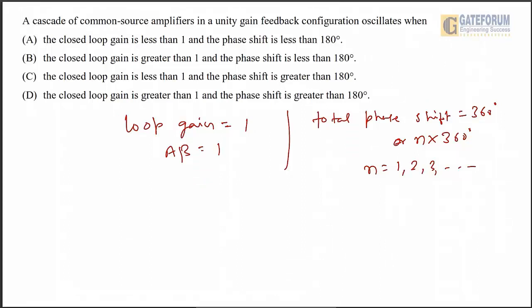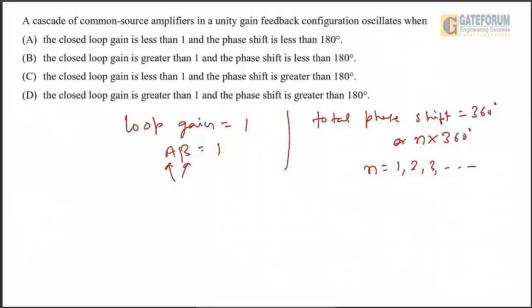But here we have a critical condition, because if either A or beta shrinks to less than 1, or if their product is less than 1, then it will not sustain the oscillation. So their product should not fall below 1.